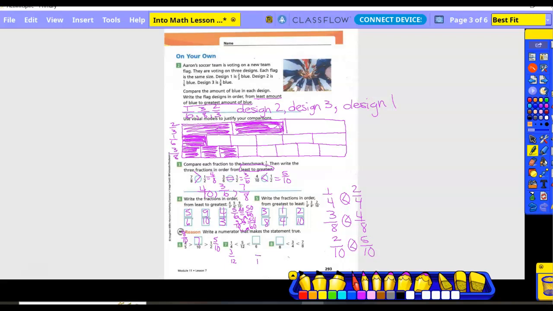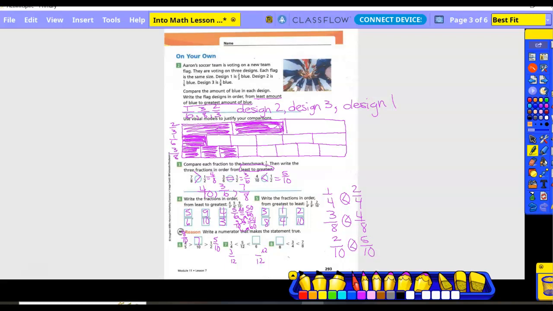Okay, over here, 12. How did I get from 6 to 12? Times 2. So what I do on the bottom, I do on the top. So this would have to be at least times 2, right? Okay, and then this is 5/12.